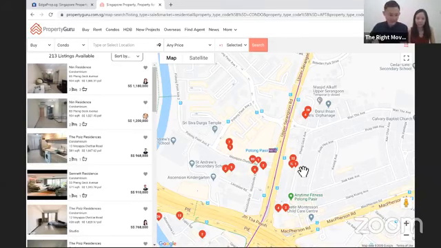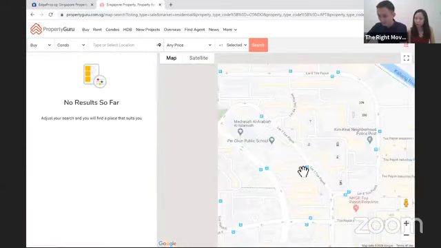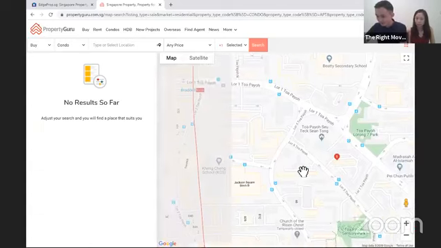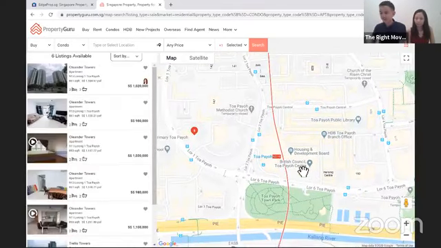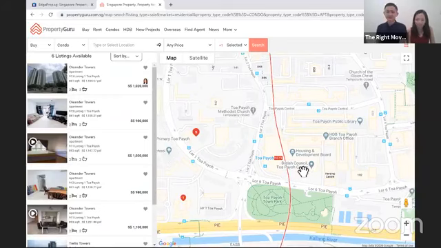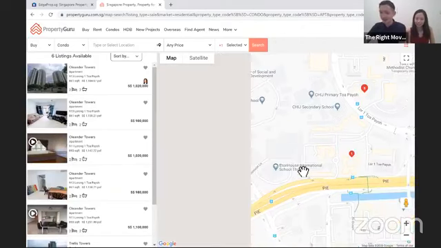Another RCR area, we will go over to Toa Payoh. Here, you only see 6 listings under 1.2 million, because it's a mature estate, so you don't get much supply in a mature estate.